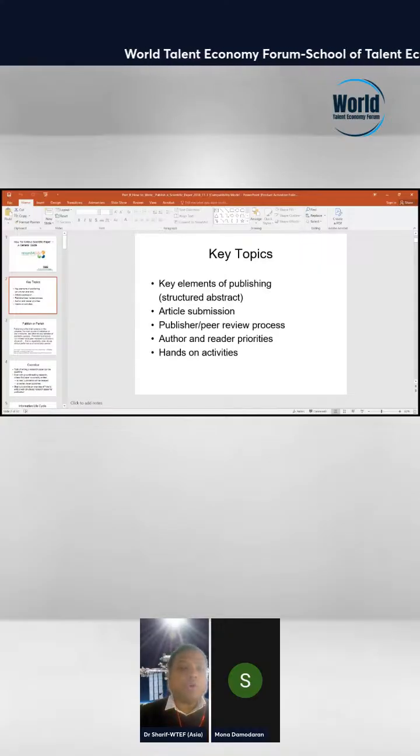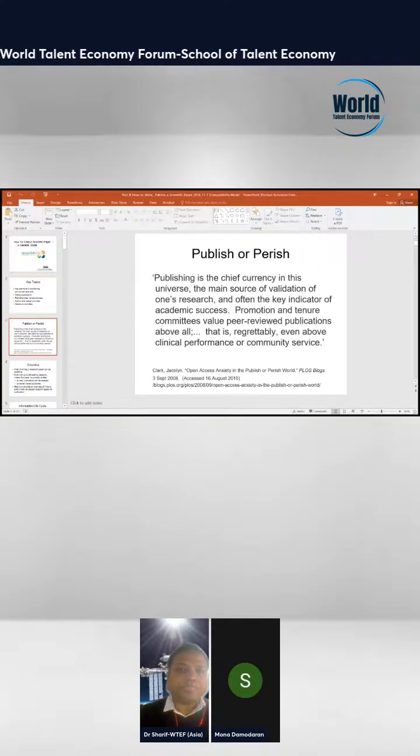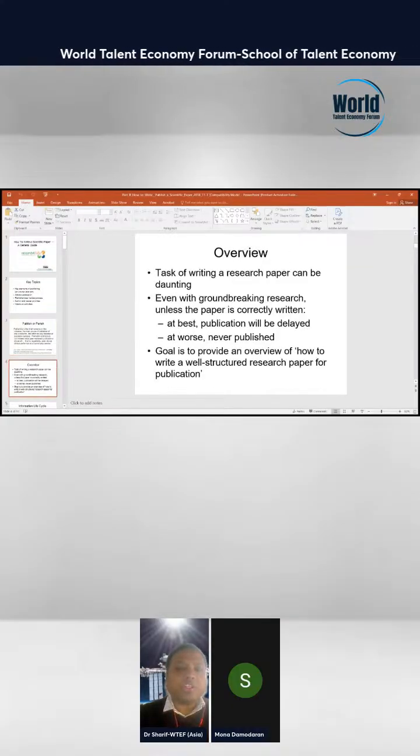You have to go for hands-on activities and so on. So when I say publishing is the chief currency in this universe, the main source of validation of research and often the key indicator of academic success. Promotion and tenure committees value peer-reviewed publications above all, which is regrettably even above clinical performance or community services.